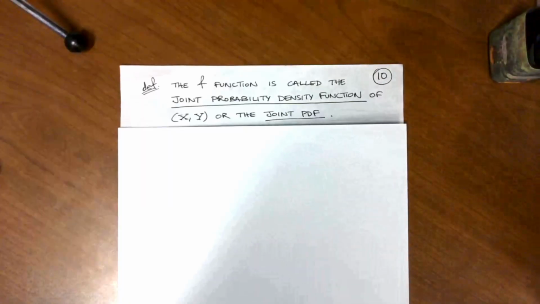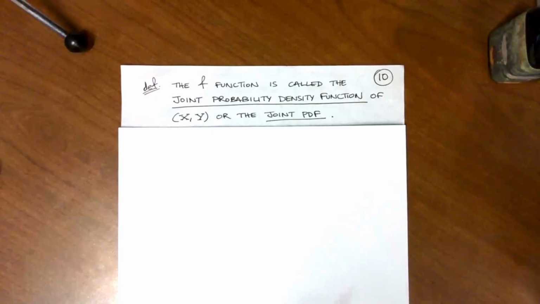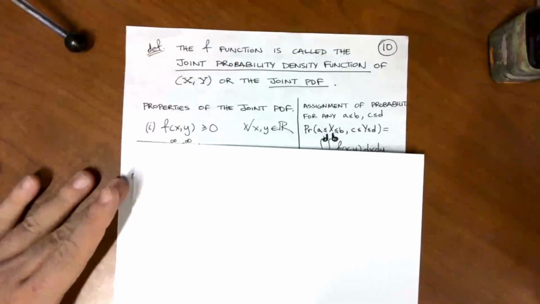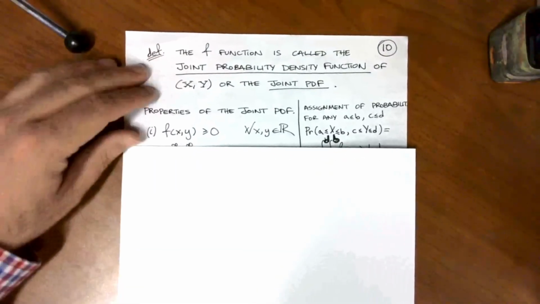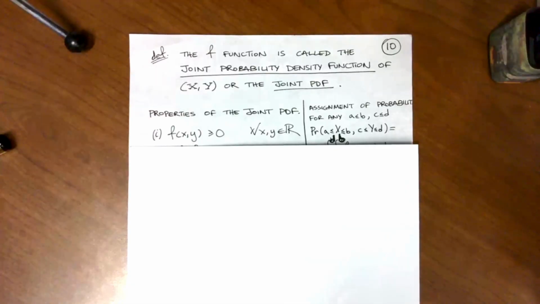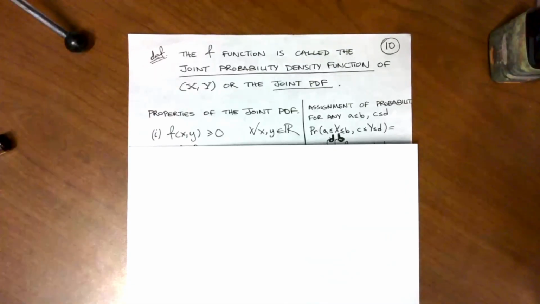The f function that we just discussed is called the joint PDF, the joint probability density function of random variables x and y, and it has standard properties that we have explored before in the univariate case and in the discrete case for joint distributions.